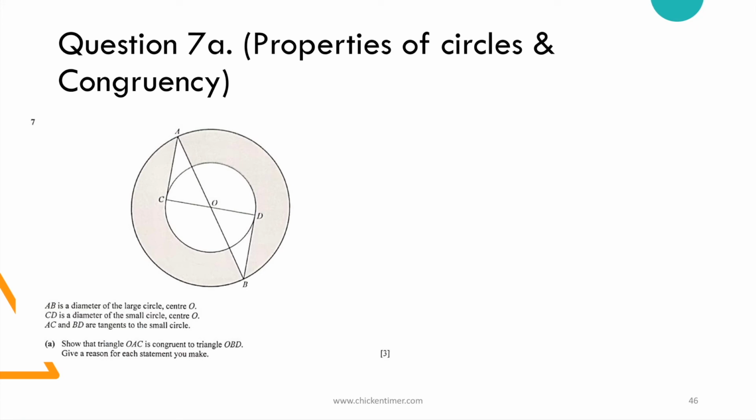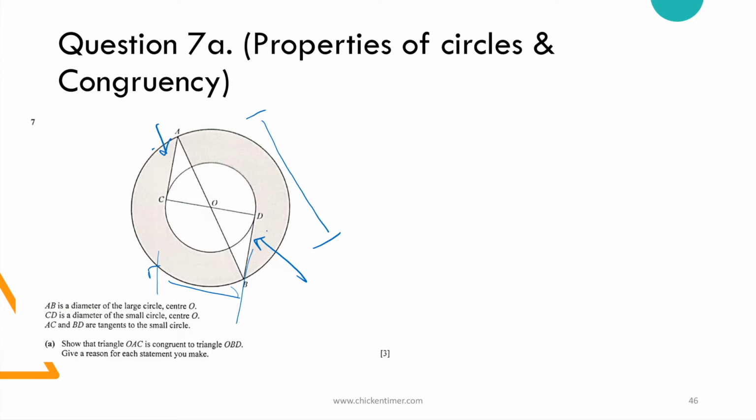Okay, so this is about circles again with some congruency questions. AB is the diameter of the large circle. Then you have CD, which is the diameter of this smaller circle. Then you have AC and BD, which are tangents to the small circle.